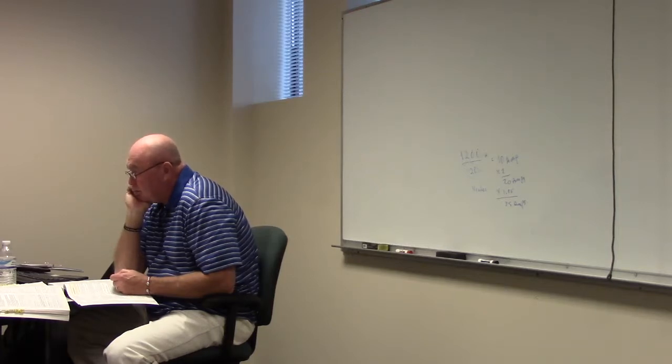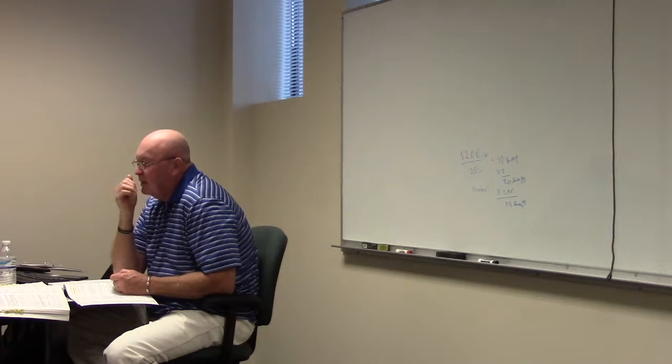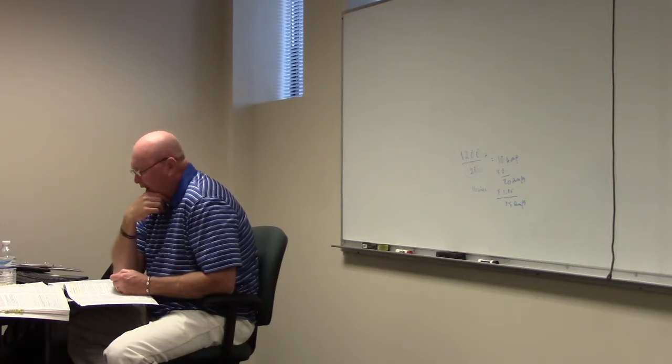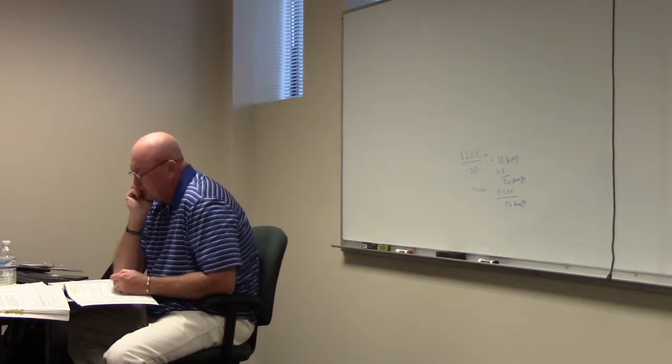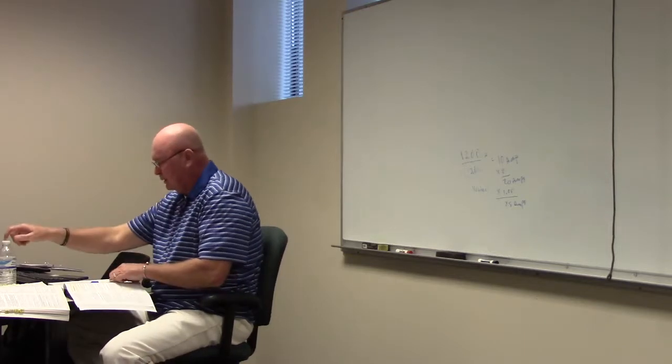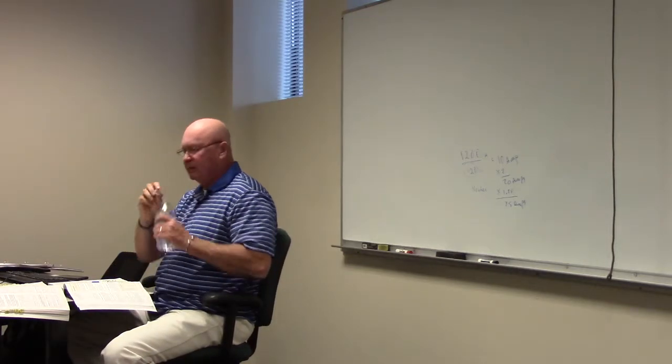Table 220.12. See it, Cameron? I think you're on the wrong page. Go backwards. 220.12. For hotels and motels, per square foot? Yeah, 2. Okay, all right. Hold on just a minute.